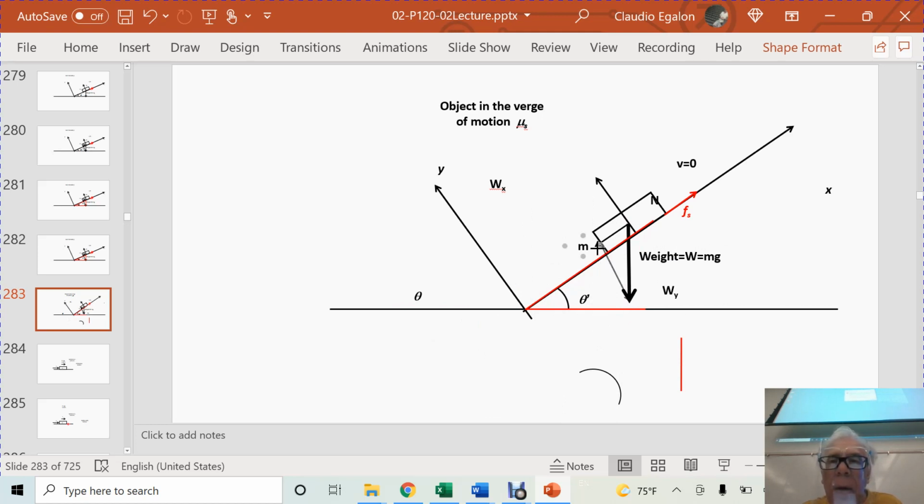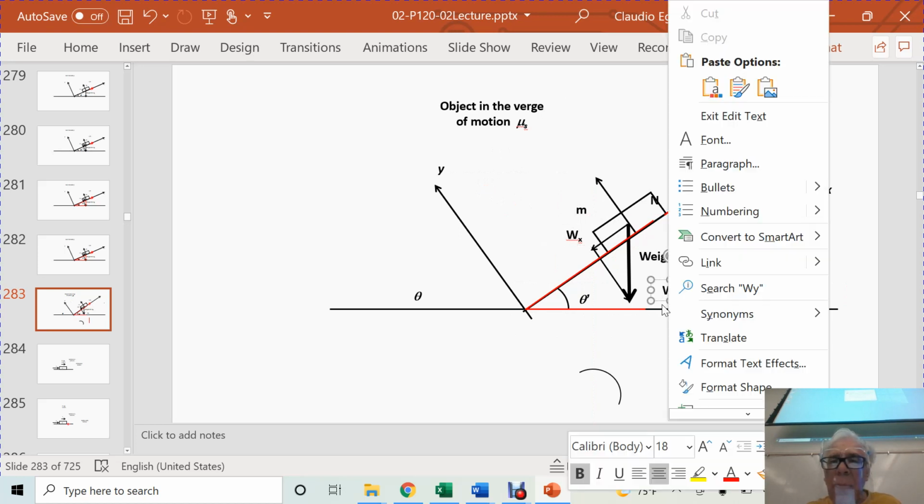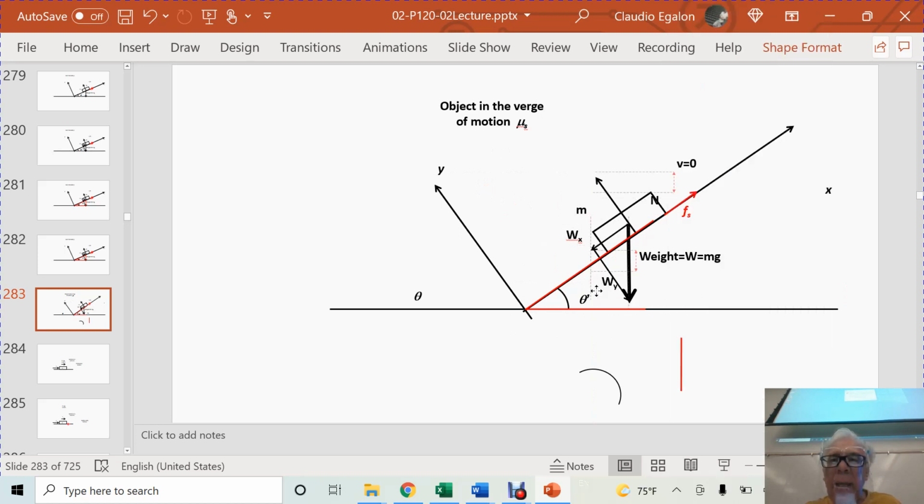Here you go. Somewhat like that. So my W sub X should be a little bit longer. Now I can put my W sub X here, and I can put my W sub Y. Just by changing the angle, that's what it takes.